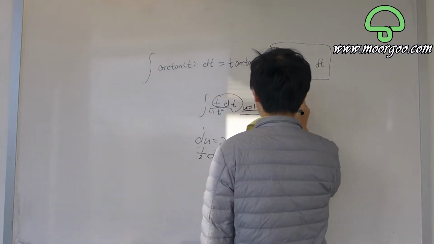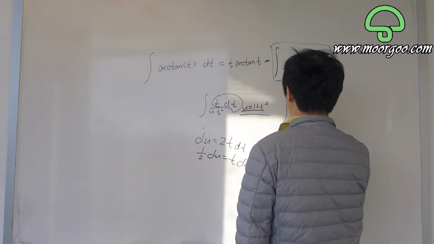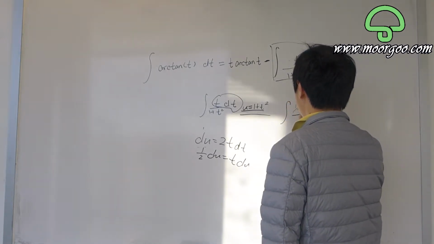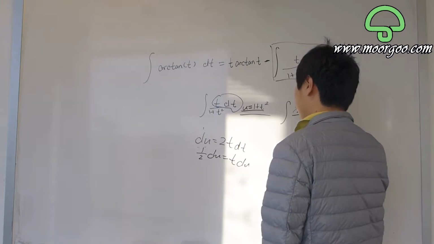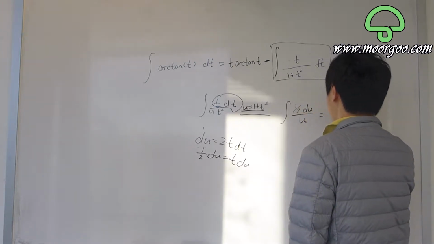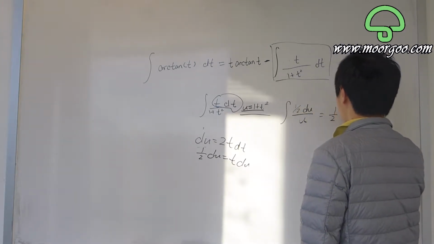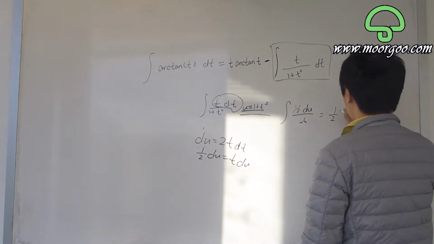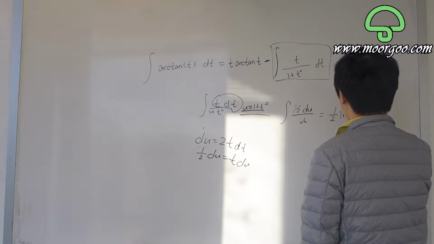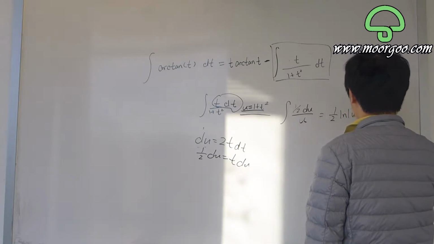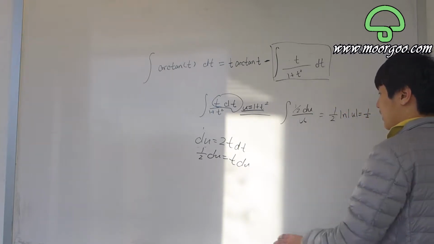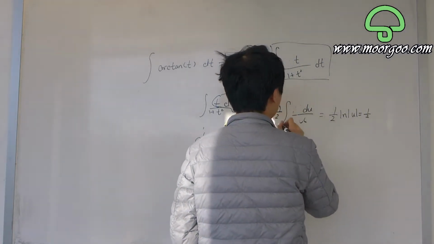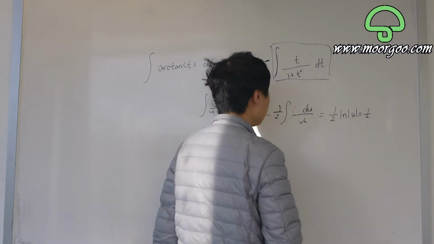And here, u here, and 1/2 of du here. Okay. We take it out of the integral. This is a constant.